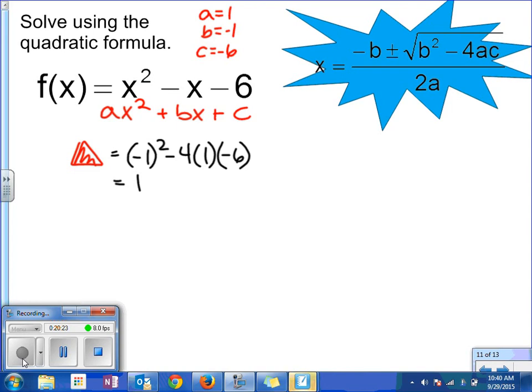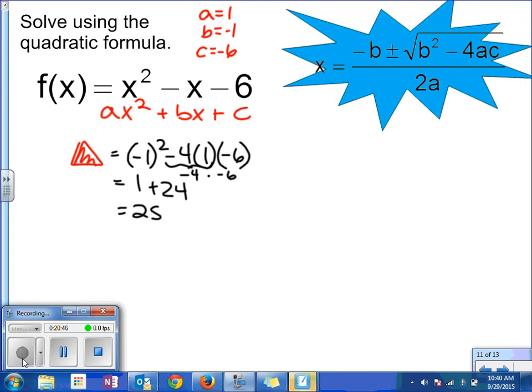And then you just have to be really careful with your multiplication here. -4 times 1 is -4. -4 times -6 is now a positive 24. So this should be 1 plus 24, which is 25.